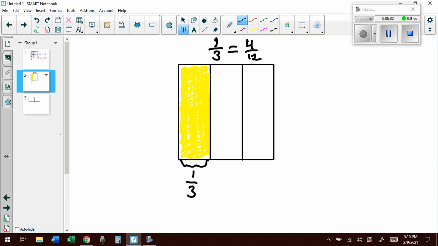So I need to get 12 pieces. Right now I have 1, 2, 3. If I do that, did that serve my purpose? No. Because I need 12. I have 1, 2, 3, 4, 5, 6. What if I did this? 1, 2, 3, 4, 5, 6, 7, 8, 9.